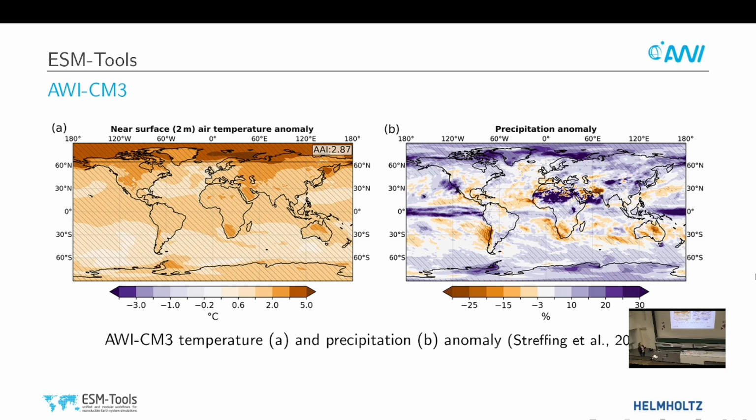You see the change in air temperature due to the CO2 emission increase, because this is a difference to a reference model simulation that assumes CO2 emissions from pre-industrial times. And on the right, there's the same example for precipitation. This is just to give you an impression of what we're doing with these models.